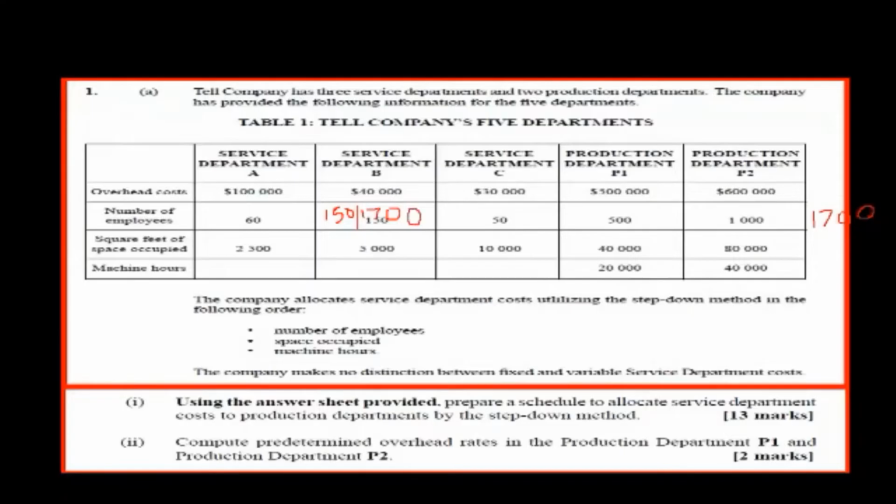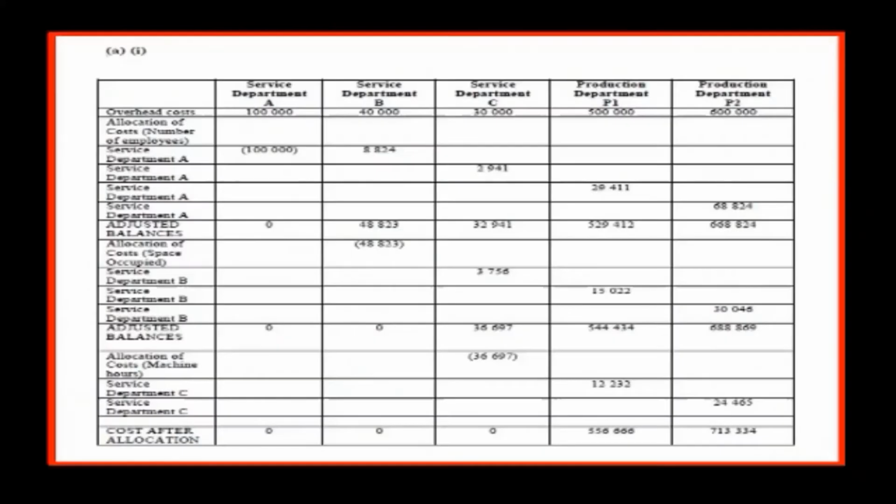Here 150 over 1,700, and here 500 over 1,700, 1,000 over 1,700. Okay, that's how we got the figures. So what you can do is try them over and see if you come up with these figures here.